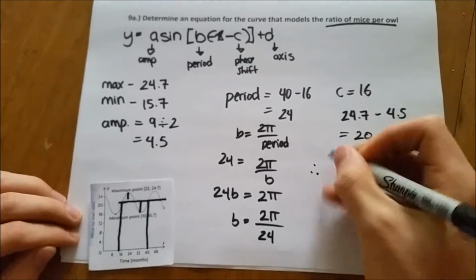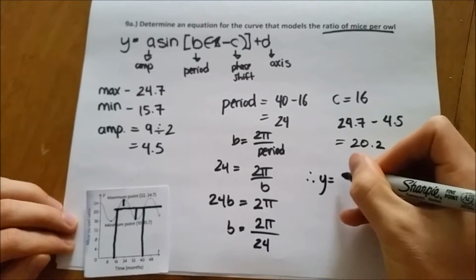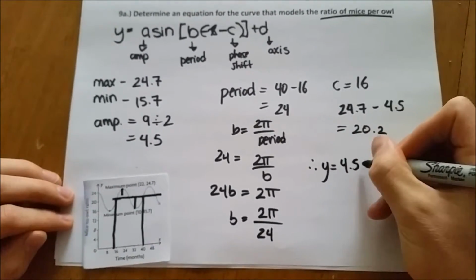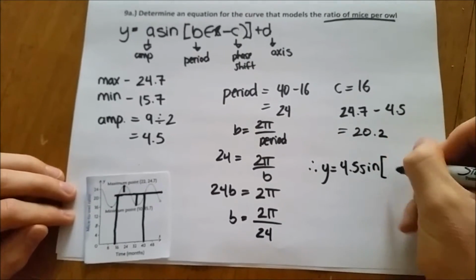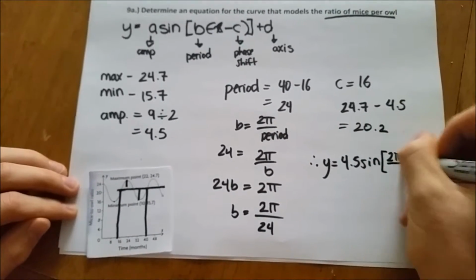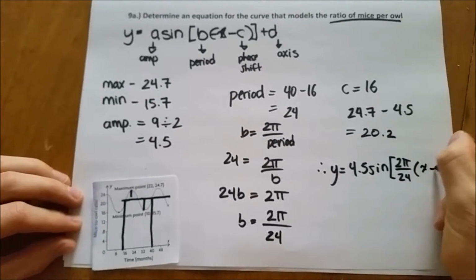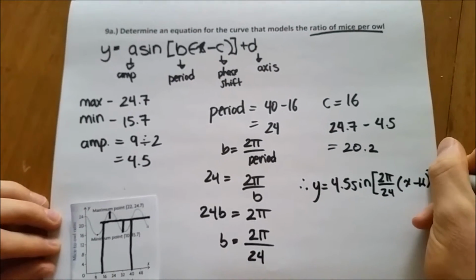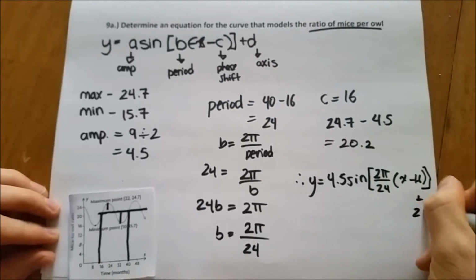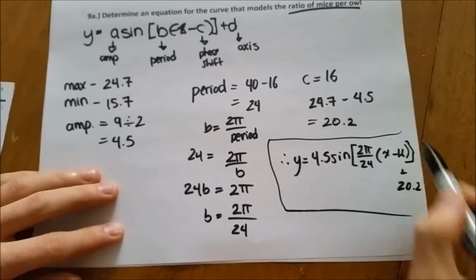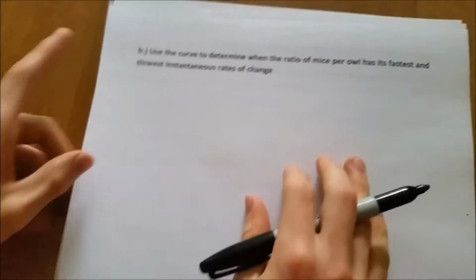So if we put all this information together, y equals 4.5 sine of 2 pi over 24 times x minus 16, plus 20.2.